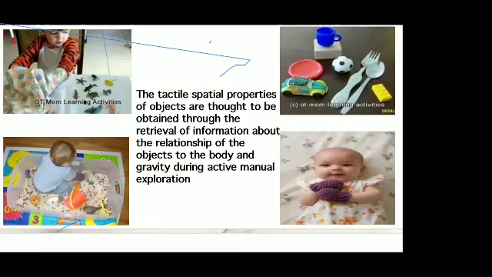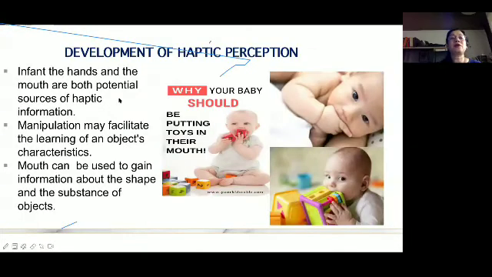So looking at development of haptic perception, the hands and the mouth are potential sources of haptic information. Manipulation facilitates the learning of the object's characteristics. The mouth can be used to gain information about the shape and substance of the objects.